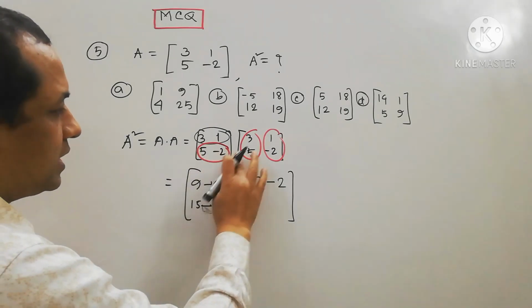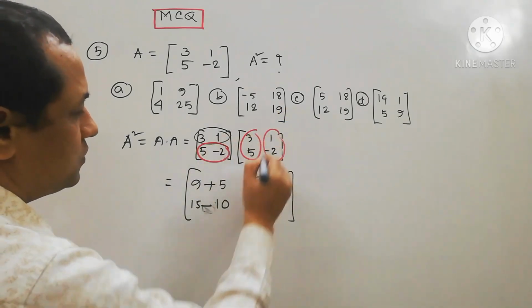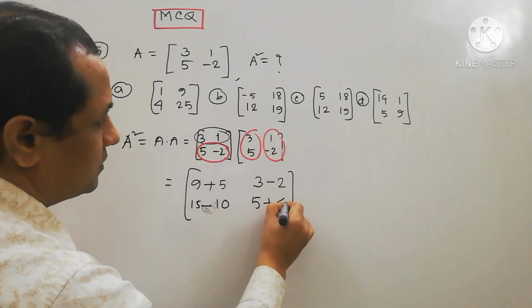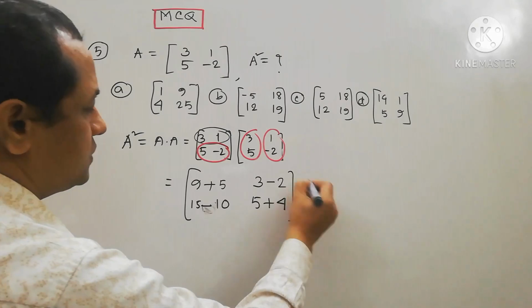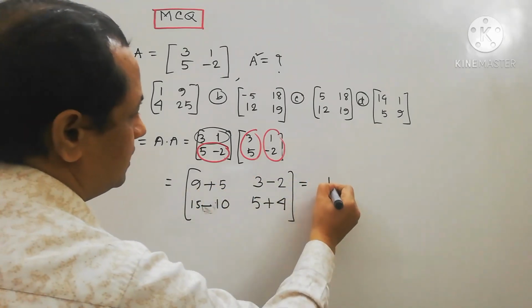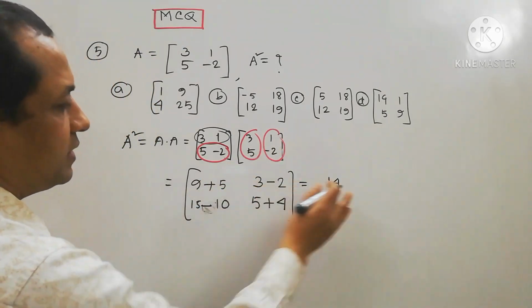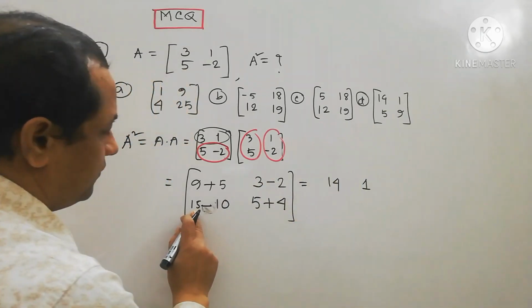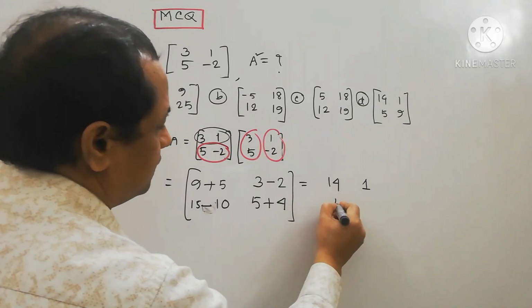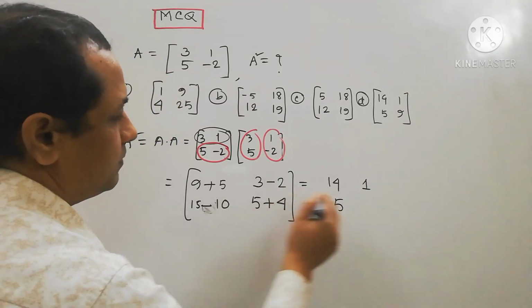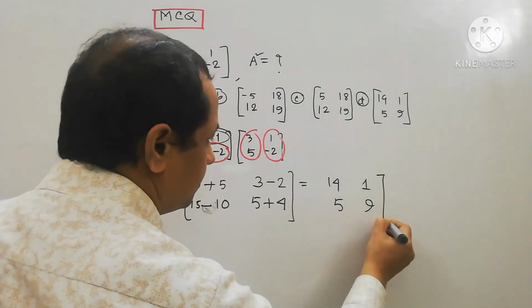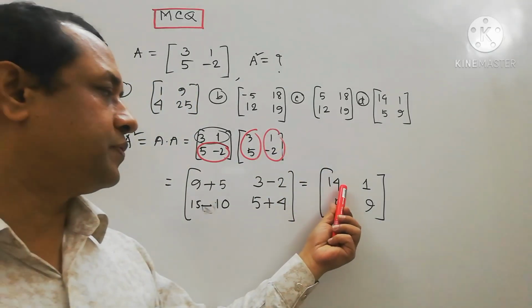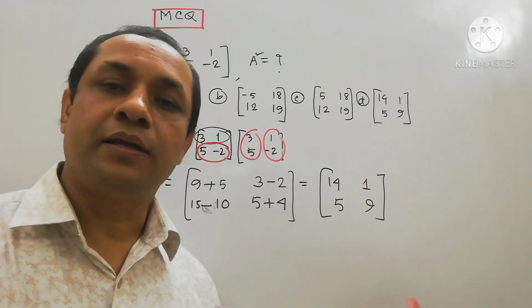Again second row and second column: 5 into 1 is 5, minus 2 into minus 2 is plus 4. So we have 9 plus 5 is 14, 3 minus 2 is 1, 15 minus 10 is 5, and 5 plus 4 is 9. This is A square. So matrix A square is 14, 5 and 1, 9.